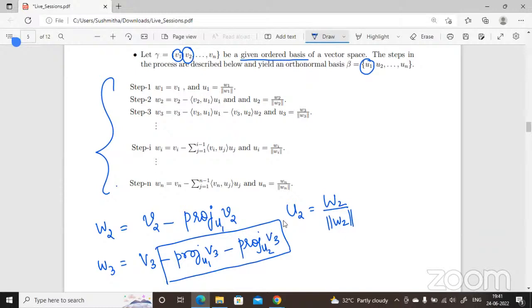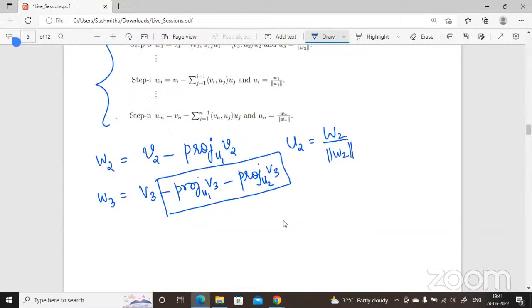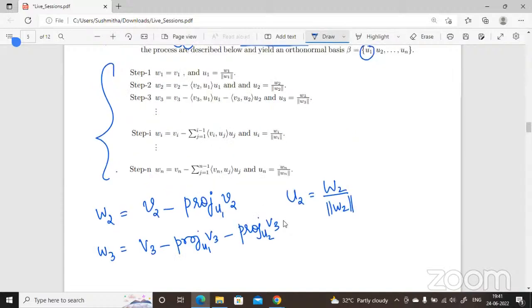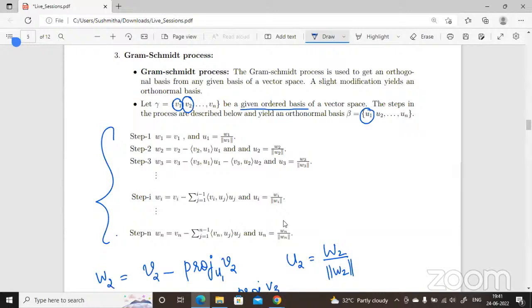You remember the previous thing that we did? You take the orthonormal basis U1, U2 and project the vector V3 onto that, and you get this formula. So at each stage, you construct a perpendicular vector so that you end up with an orthonormal basis.